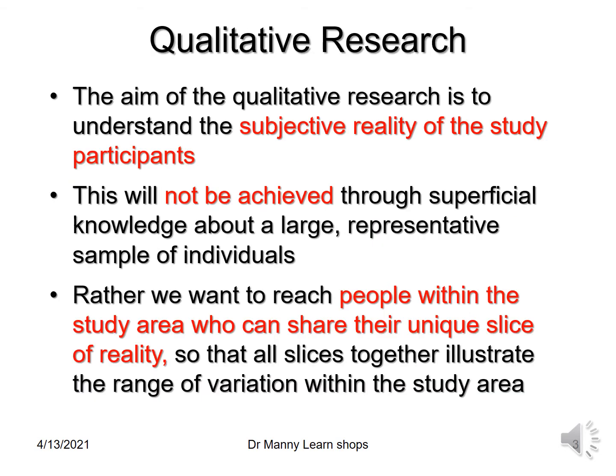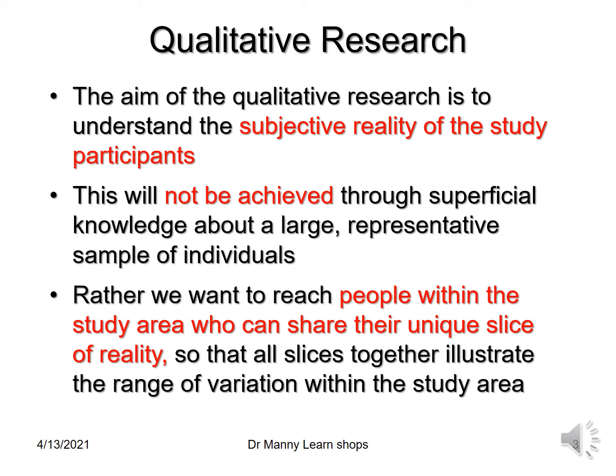Now, in qualitative research, the primary objective is to understand the subjective reality of the study participants, recipients, subjects, whatever terminology you'd like to use. And this won't be achieved through superficial knowledge about large representative samples of individuals, as is done in quantitative research.